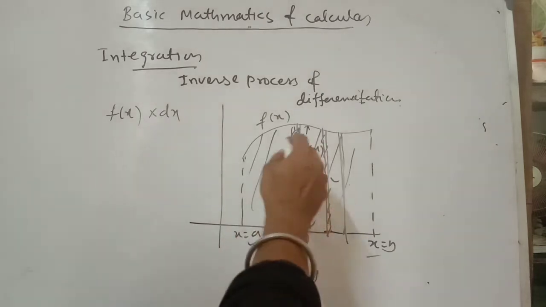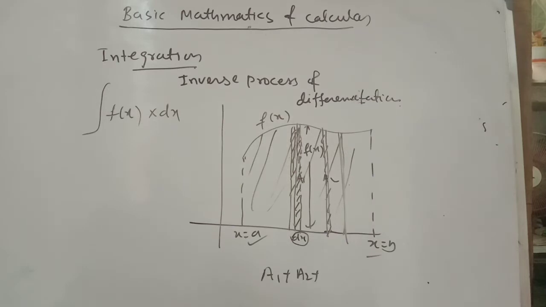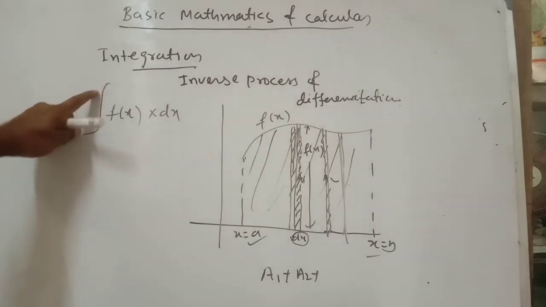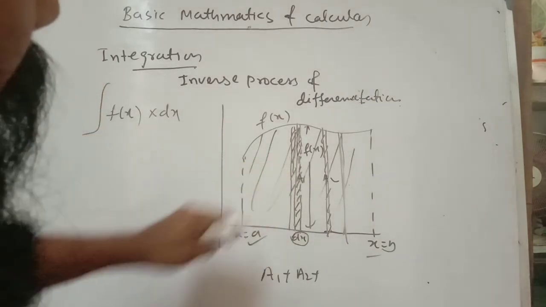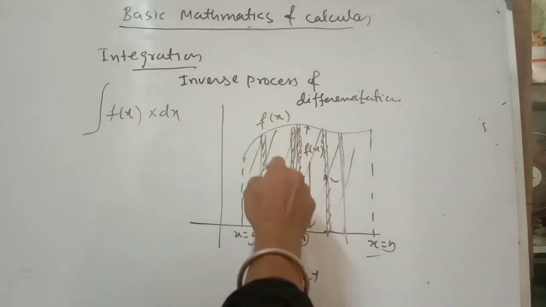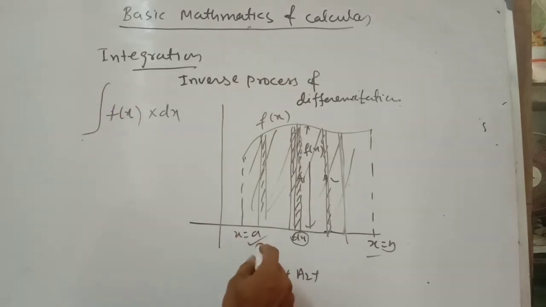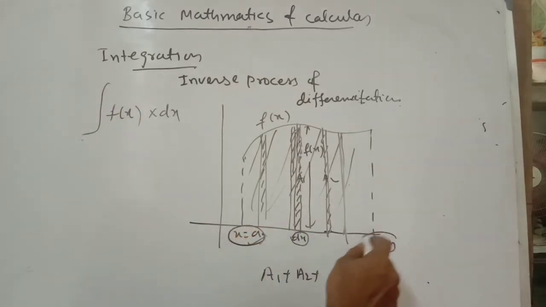So for the summation of all the area we use integration. It is used for the summation of all the area in the region under the given graph, from x equal to a to x equal to b.